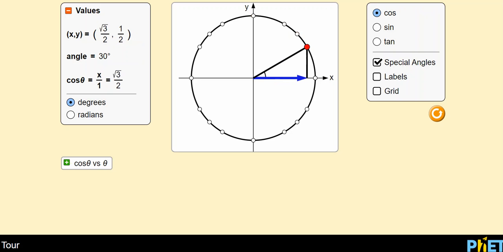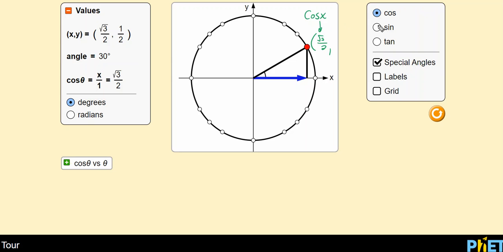Now, I'm set to cosine, so right here, this point would be root 3 over 2. That's the cos value, my x value, or cosine theta, doesn't matter.